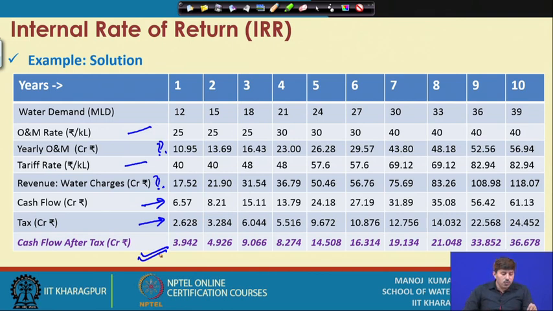So, for net present value, once we get the cash flow after the taxes, we apply a rate of return, or a discount rate. For the previous case, with the same data, we applied a 12% rate of return, and then we got a discounted cash flow, and the summation of that minus the capital outlay is considered as NPV.